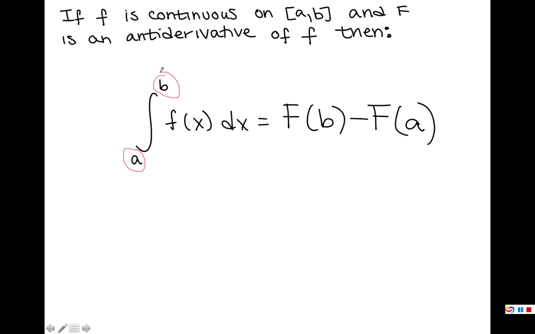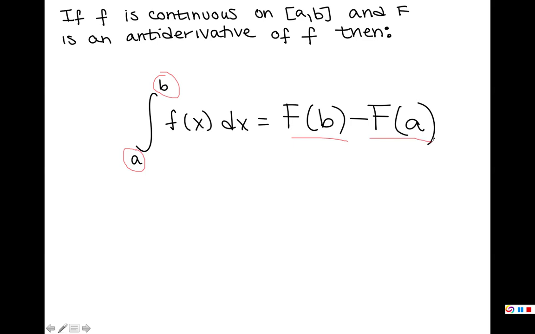So this is a definite integral. The integral from a to b of function f, which we learned was area under the curve, we can find by finding the antiderivative of f and plugging the upper bound in, then plugging the lower bound in, and subtracting.